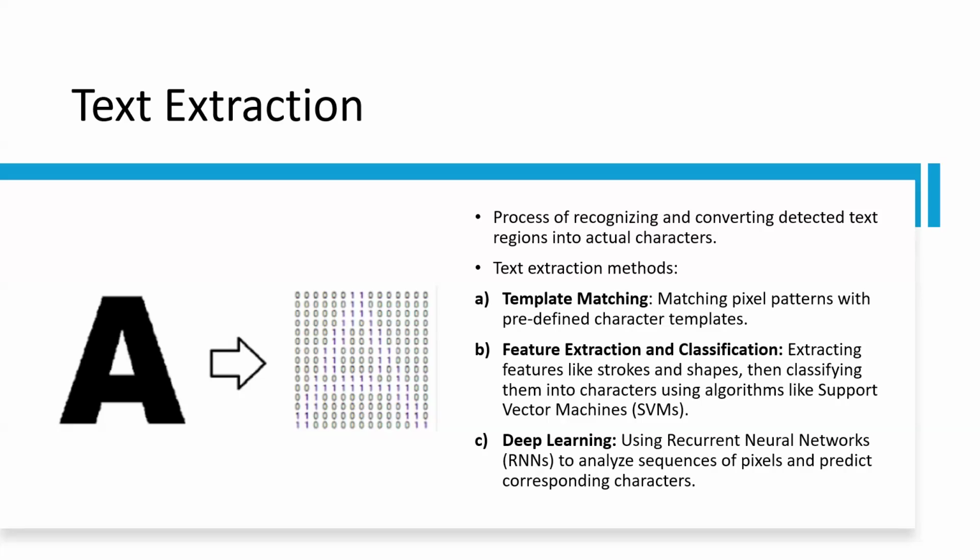Most of the OCR engines work on these algorithms, RNN and CNN. Those are deep learning methods, recurrent neural network and convolutional neural network. So these are the two methods that are most common.